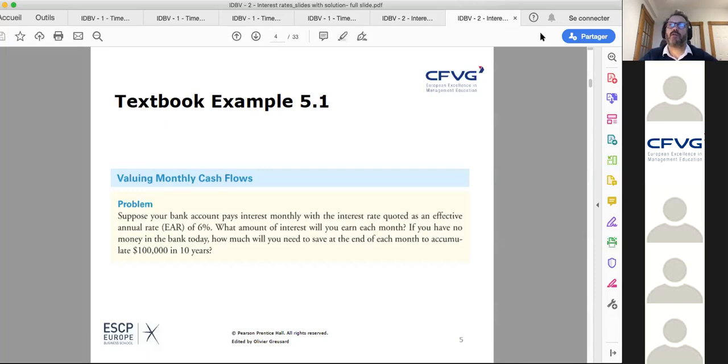So the first question is okay, 0.486%. It's correct. And for the second answer, it's more like 600 something. And do not forget, it's a future value as well.